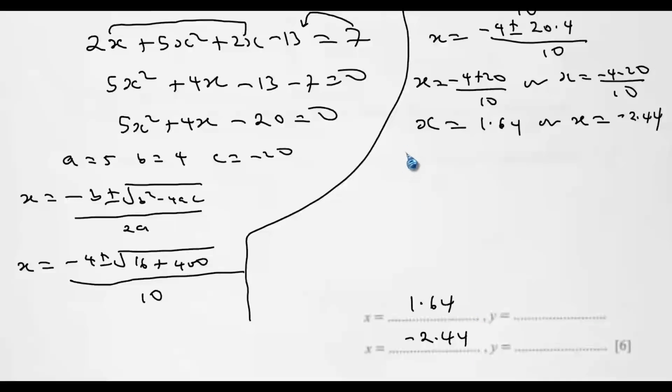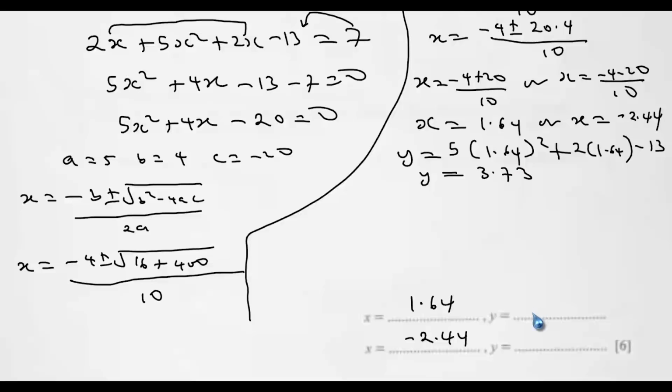If you substitute into equation 2, you have y equals 5 into 1.64 squared, then add 2 into 1.64, then minus 13. Okay, so if you input this, you get the value of y to be 3.73.